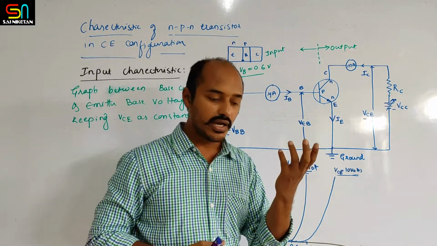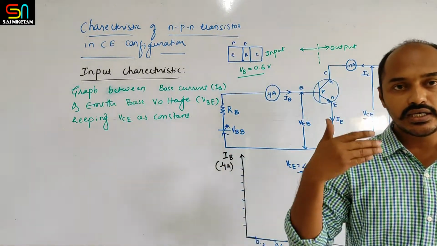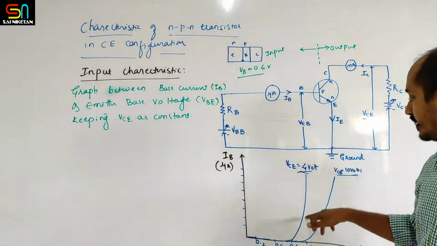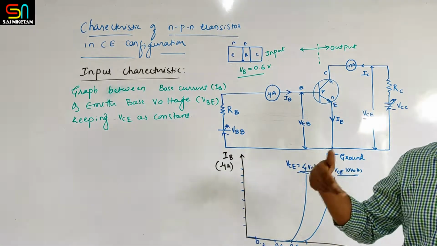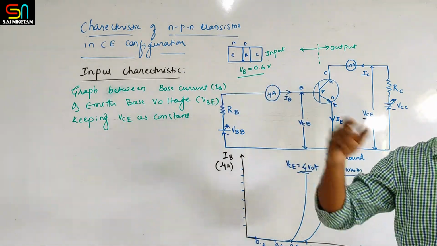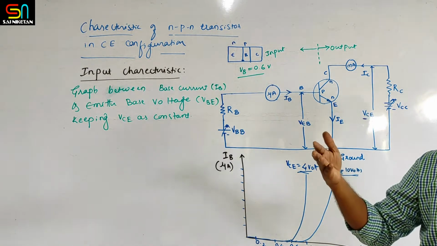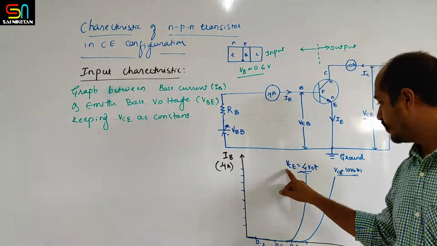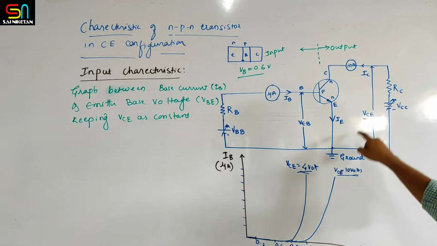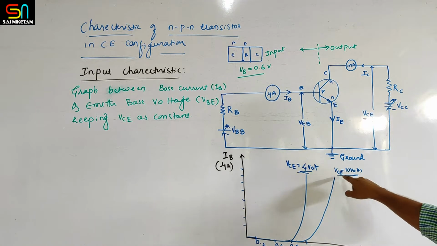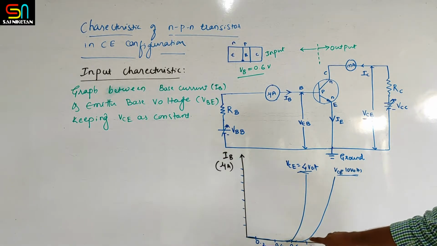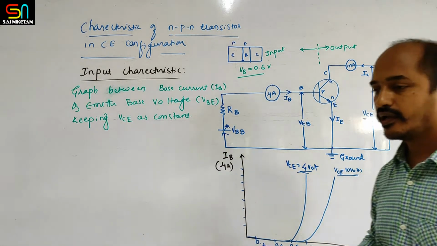Once the input voltage increases more than the potential barrier, suddenly current increases, as it takes place in the case of forward bias, that is, a forward PN junction diode. As we are keeping the output voltage constant, if you go on increasing it, then the threshold voltage or the barrier potential also goes on increasing. So this is regarding the input characteristic.